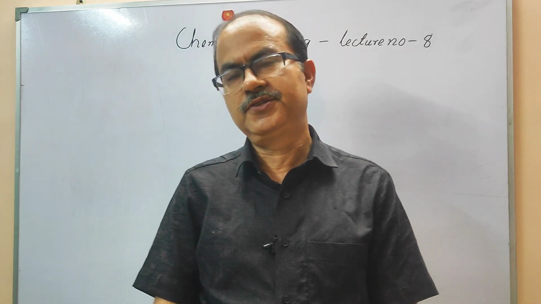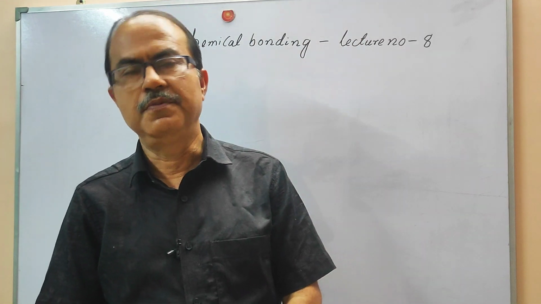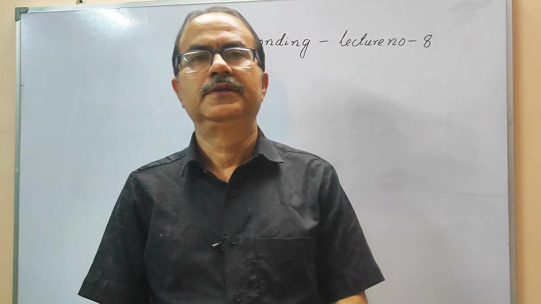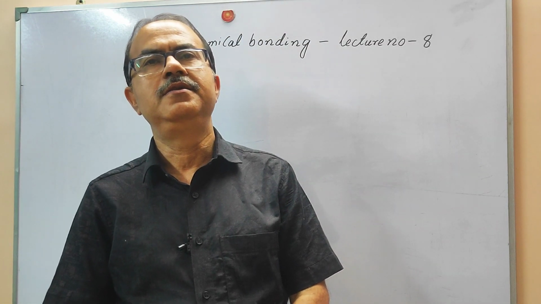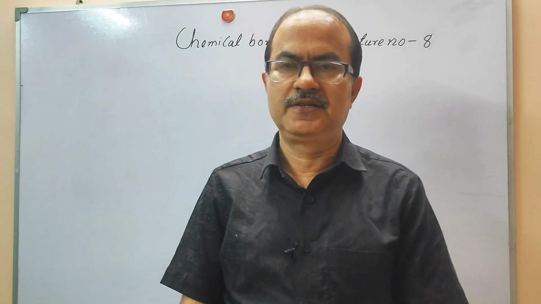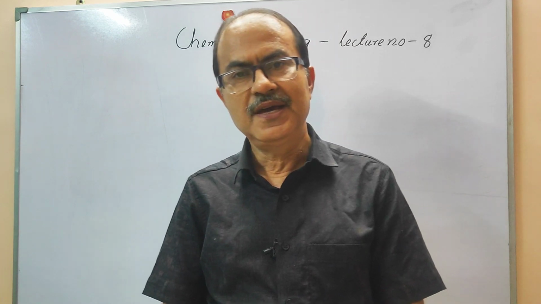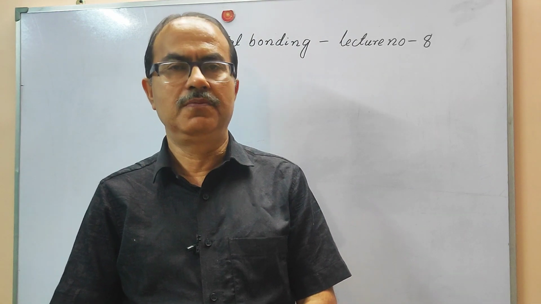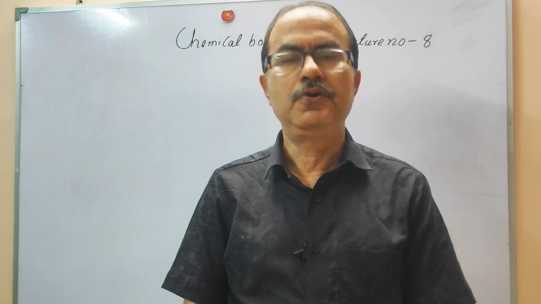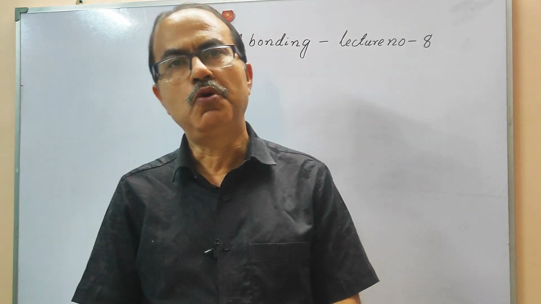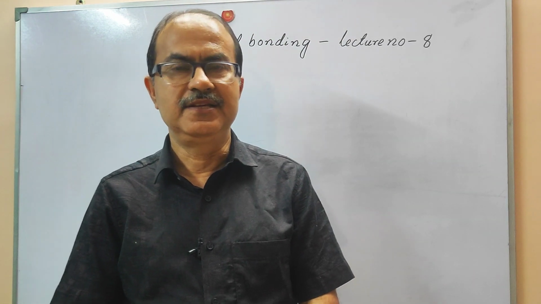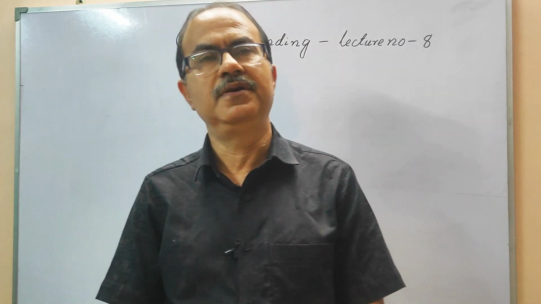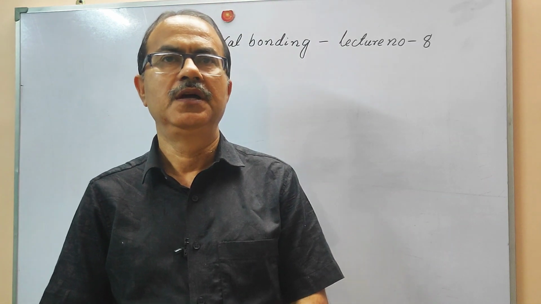To remove these drawbacks of the Lewis concept, in 1940, two scientists, Sidgwick and Powell, put forward one very important theory, the valence shell electron pair repulsion theory.